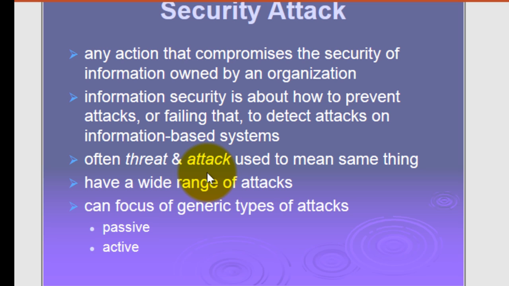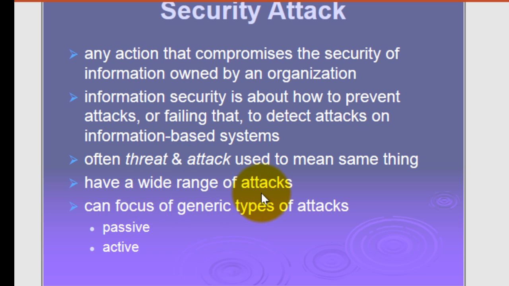So the security providers should always look at the different vulnerabilities, and they have to fill up all the holes in the security. An attack is when the actual attack happens; a security violation is a security attack. That is the main difference between a threat and an attack.